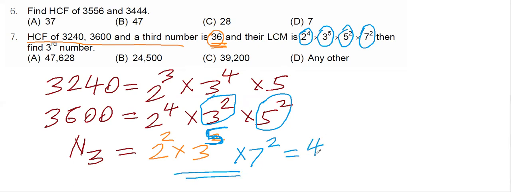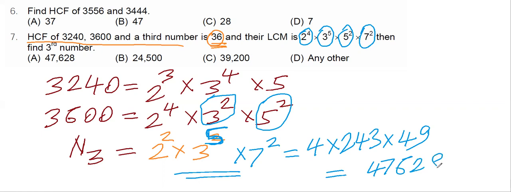Okay, so 2 to the 4 is 16, 3 to the power of 5 is 243, and 7 7s are 49. So when you multiply, you will get 47628. 9 9s are 81, 9 4s are 36, 4 3s are 12, 9 2s are 18.